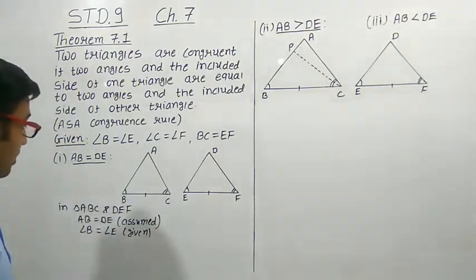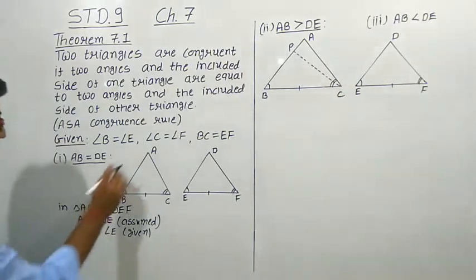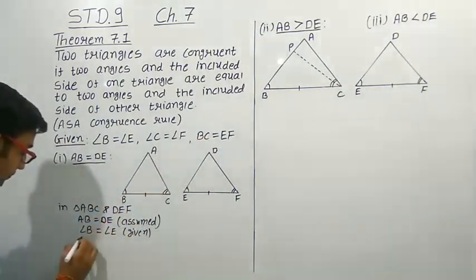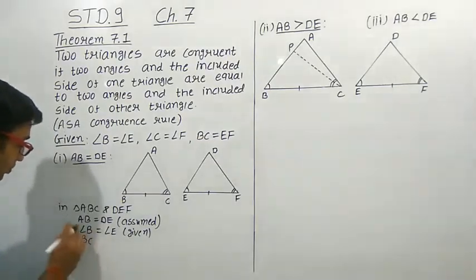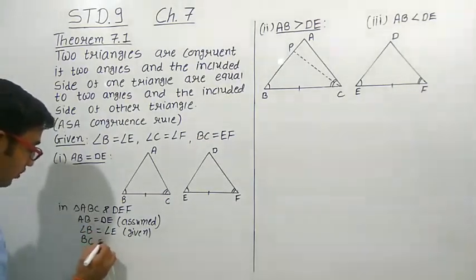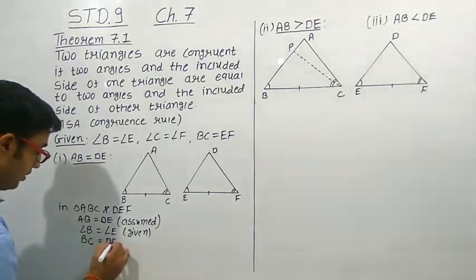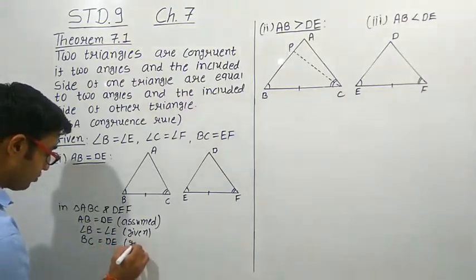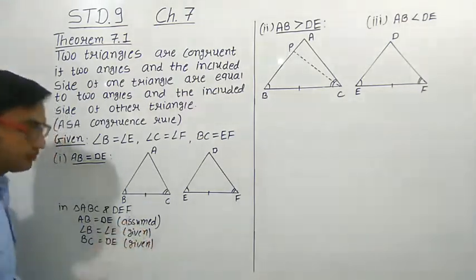Now think about the third condition, that is BC. We are given that BC equals EF. BC side of triangle ABC is equal to EF side of triangle DEF. This is also given.